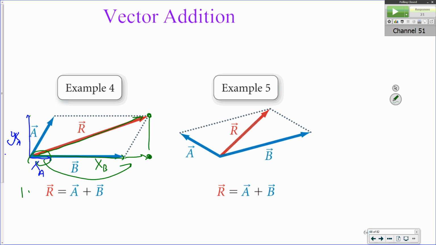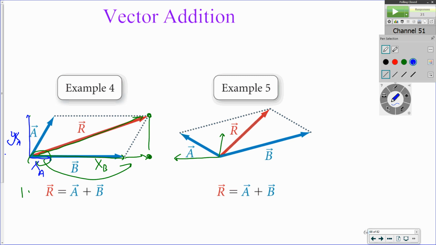Simplistic vector addition. All right, so if I do something like this on the example on the other side, if I look at A and B, I've got an up component in this direction and a left component in this direction. If I look at vector B, it also has an up component, maybe just a hair higher, and then it has a big right component.